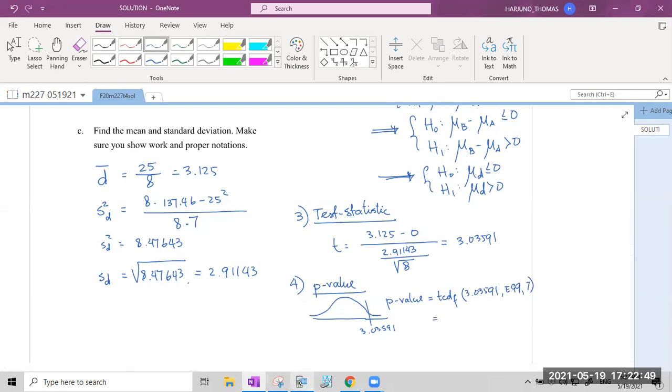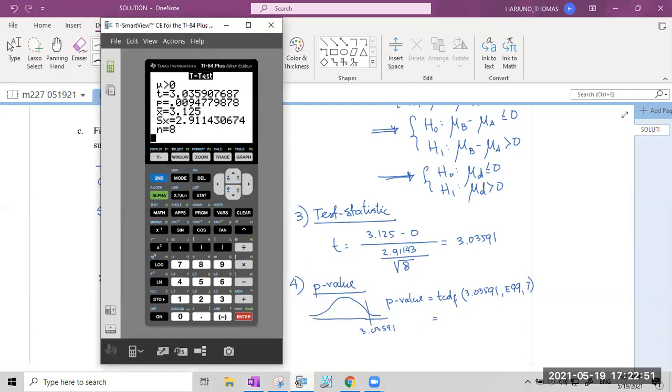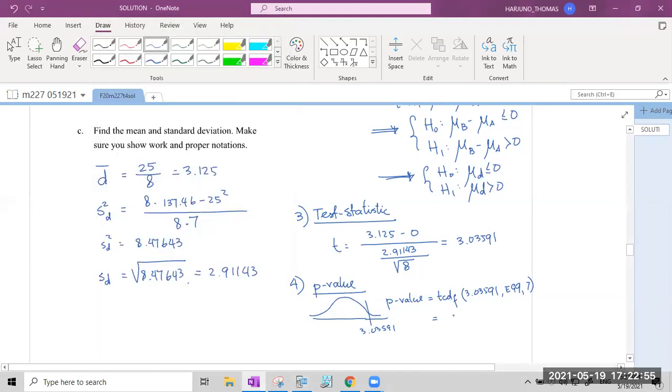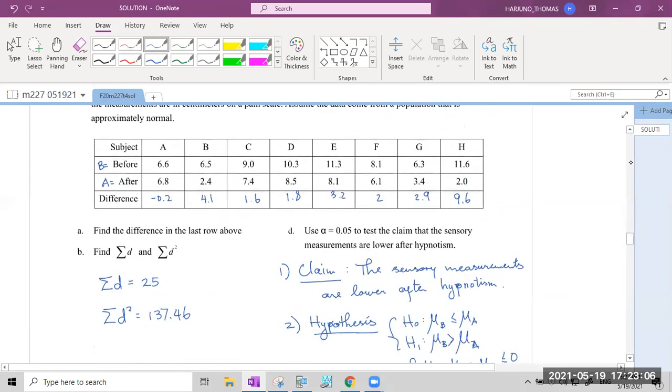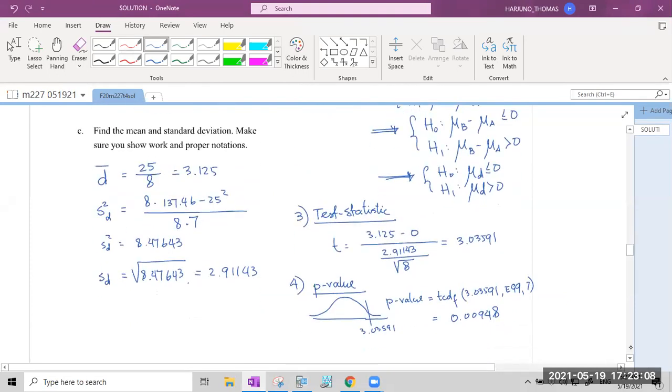We have the p-value here, 0.00948, which is less than 1%, right? What is the alpha, by the way? 5%, as I remember. The alpha is 5%.